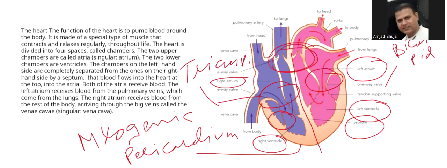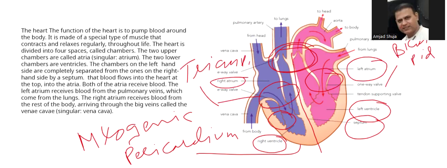All the valves perform the function of controlling the blood movement. They do not allow the blood to move in a backward direction. So they allow only unidirectional, one direction flow of the blood. They prevent backward flow of the blood. This is the function of these valves.